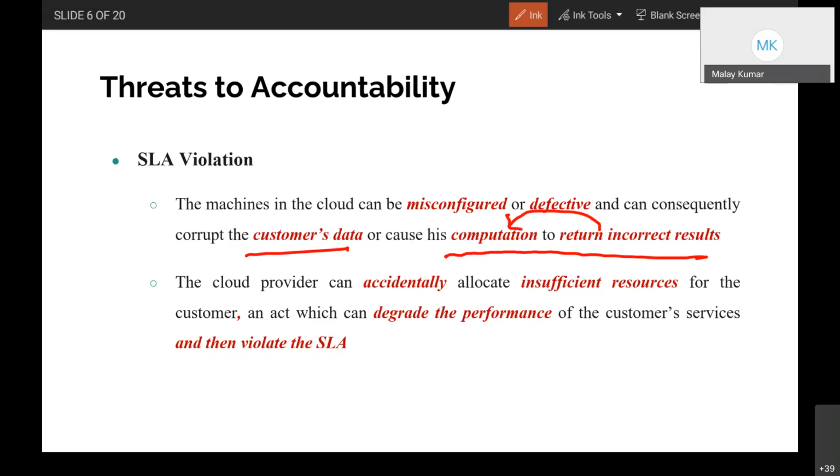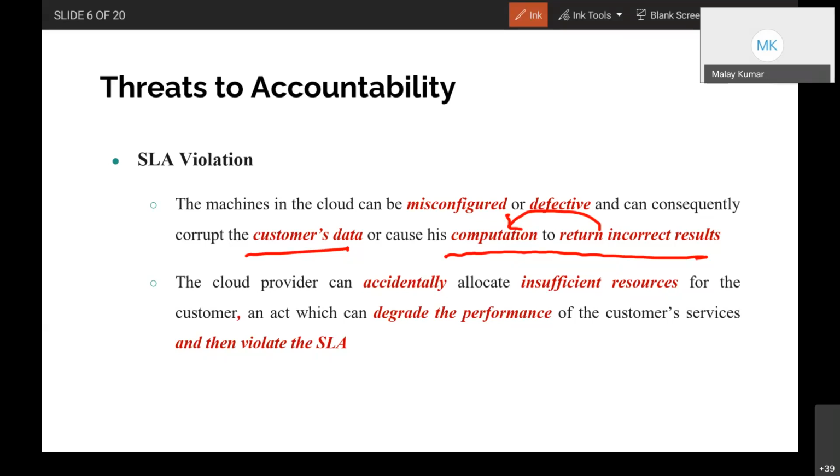Further, the cloud provider can accidentally allocate insufficient resources for the consumer, which can degrade the performance of the consumer service, and that is a violation of SLA.